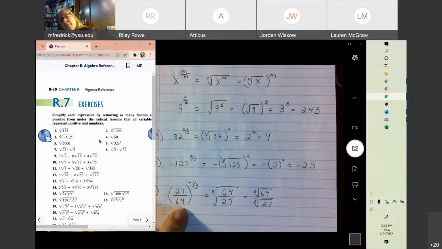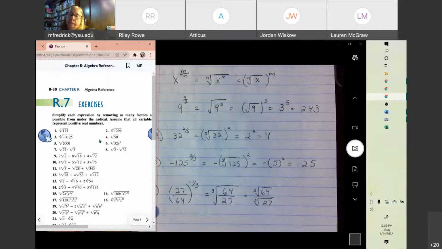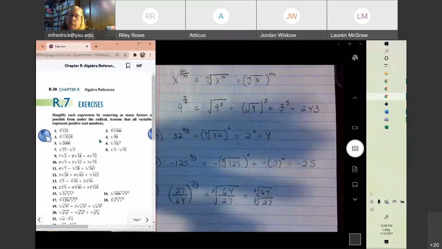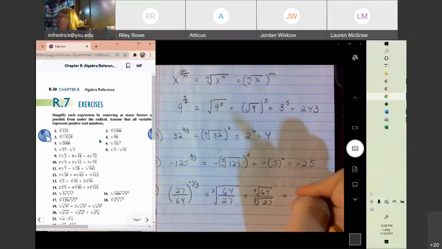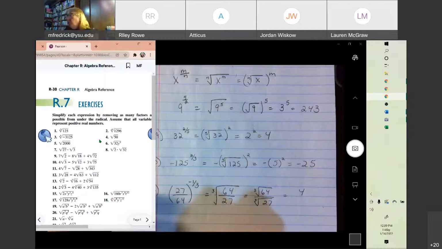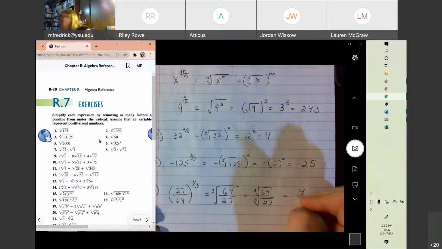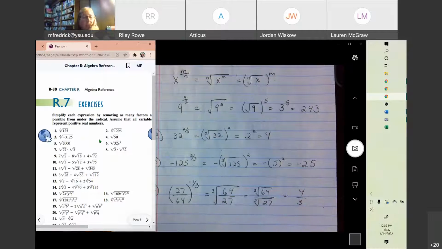I moved the 27 down and the 64 up, which then made that positive. Cubed root, 4 times 4 times 4 is 64. So that's 4. And 27 is 3 cubed. So 4 over 3. Any questions on that?